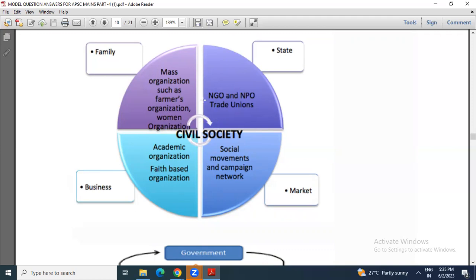If we start from NGOs, trade unions, then social movements and campaign networks, then academic organizations, faith-based organizations, then mass organizations such as farmers' organizations and women's organizations.